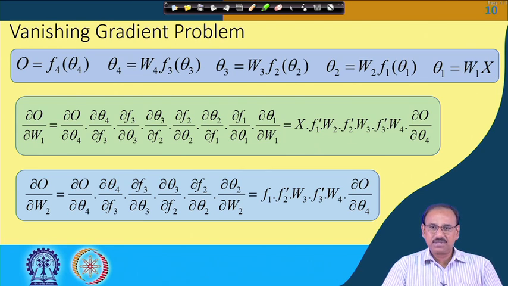And the value of this will be maximum when the argument is 0. That means if my function is f of x, f dash of x will be maximum at x equal to 0, and this maximum value is 1 by 4. You can just compute this and verify. So with sigmoidal functions, f1 dash, f2 dash, f3 dash, all of them will be 1 by 4 at maximum. It may even be lesser than that.